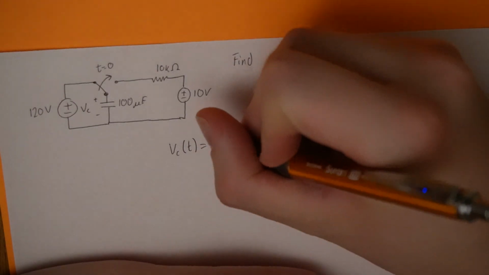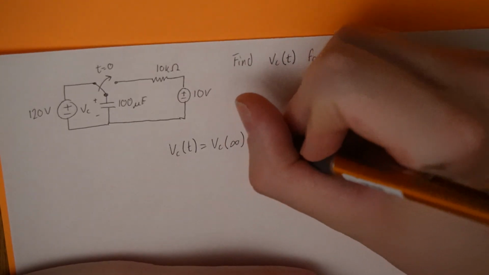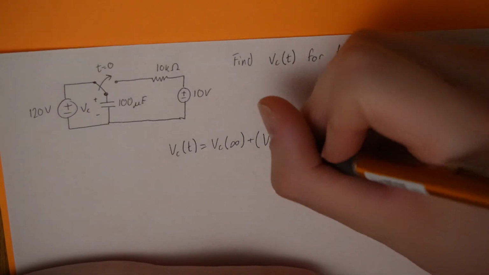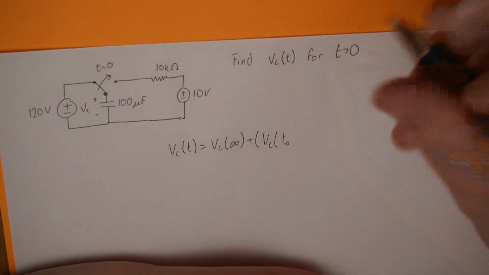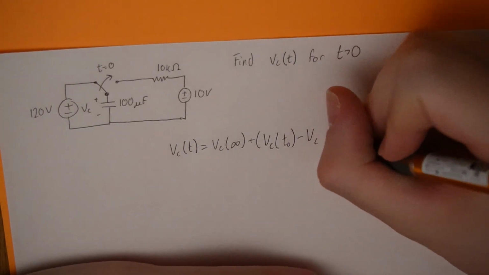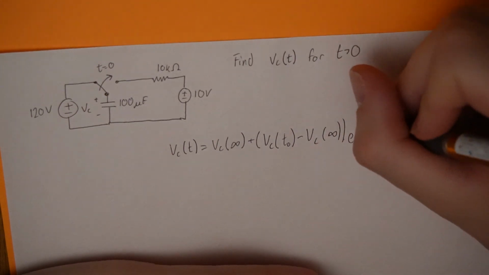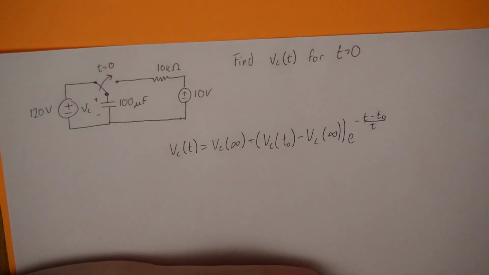It'll equal VC at infinity plus VC at the switching time, which is important, I'll call it T0, minus VC at infinity, times e to the negative (t minus T0) over tau.